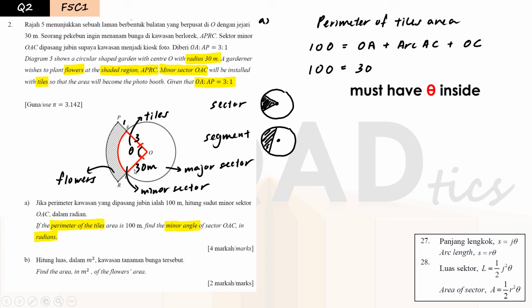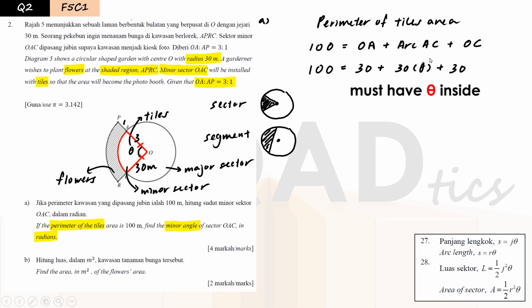Arc AC belongs to the minor sector here, so we can use the radius of this minor sector, which is 30, and multiply with the angle, the theta here, which is the angle that we are trying to find. So I'm just going to put theta here. Then for line OC, which is also the radius of the circle, this is 30. Now you can see that the right side has all transformed to values and also the angle that we are trying to find.